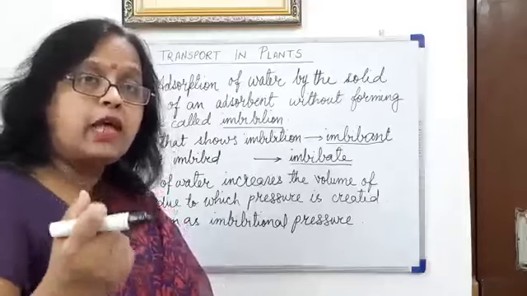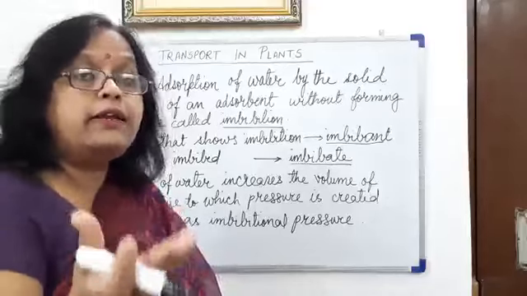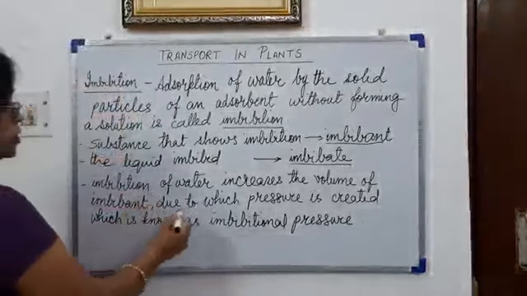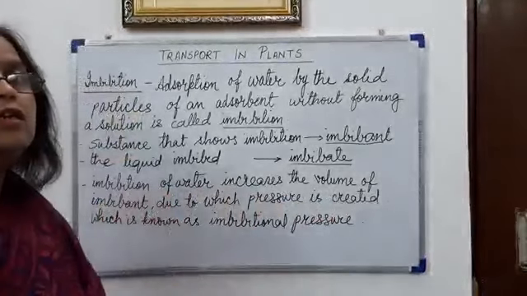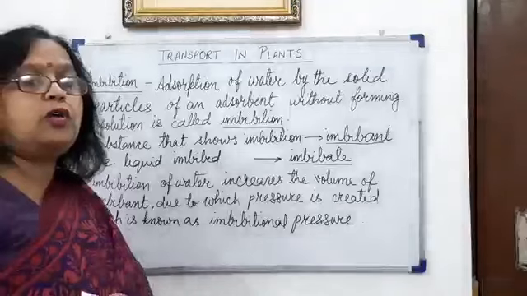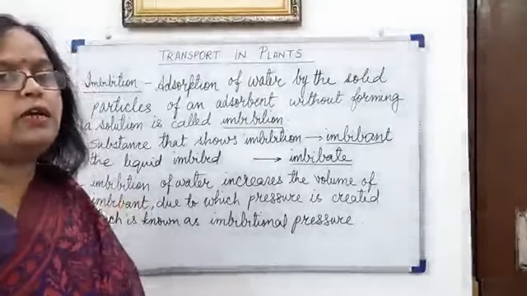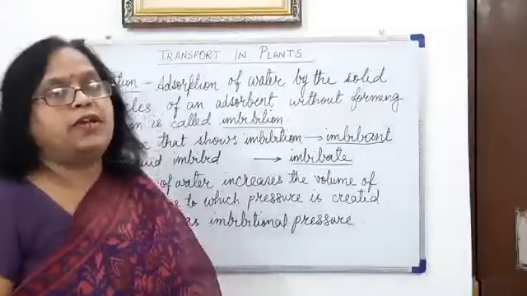When it absorbs the water, it increases the volume of the substance, due to which pressure is created. This pressure, due to the increase in volume of the substance by imbibition of water, is called imbibitional pressure.